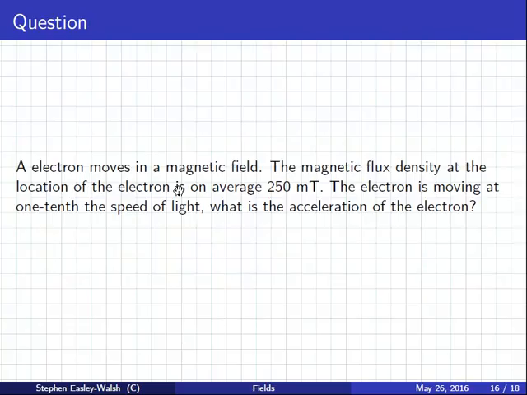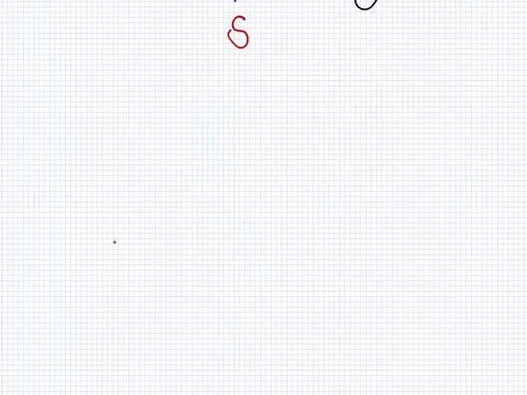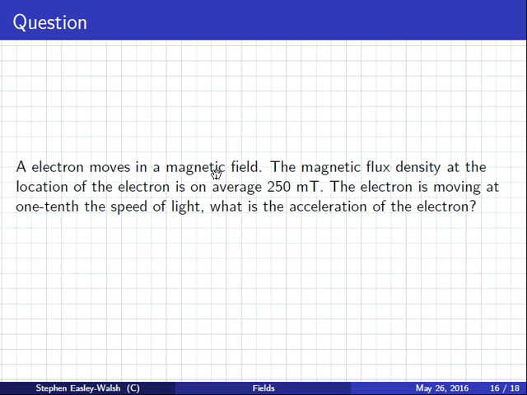Right. This is the last example, which is the more mathematical one. An electron moves in a magnetic field. The magnetic flux density at the location of the electron is about 250 millitesla. The electron is moving at 1/10 the speed of light. What is the acceleration of the electron? Okay, so here's an electron. It's moving in a magnetic field.